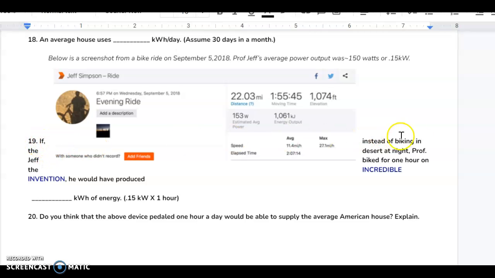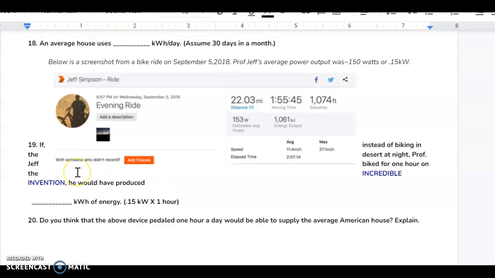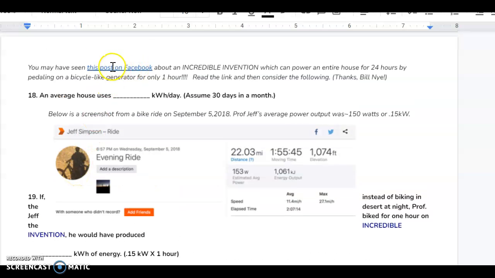So number 19, if instead of biking in the desert at night, Professor Jeff biked for 1 hour on the incredible invention, he would have produced how many kilowatt hours of energy? But it tells you here, here's your calculation. And what it's talking about is this post here, so you want to make sure you've seen that.